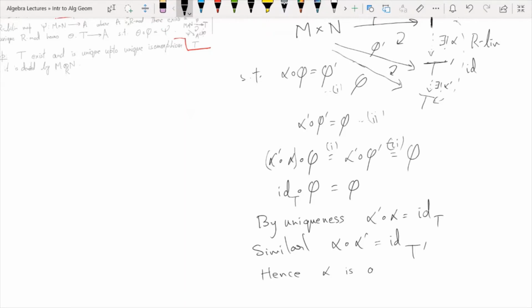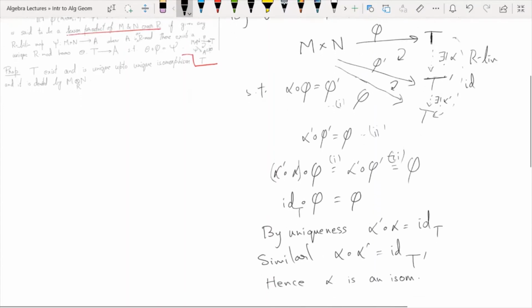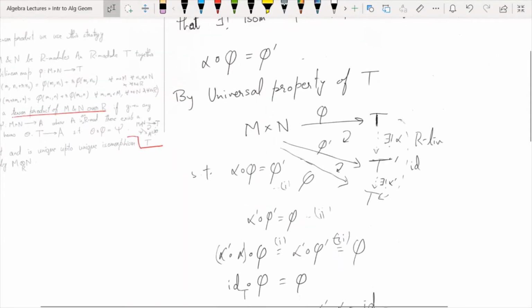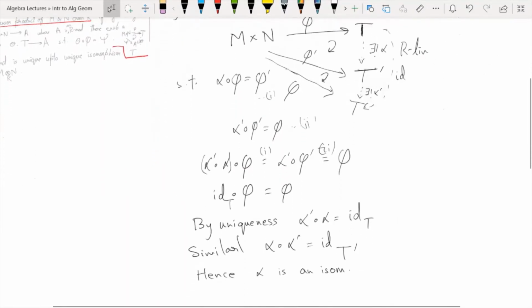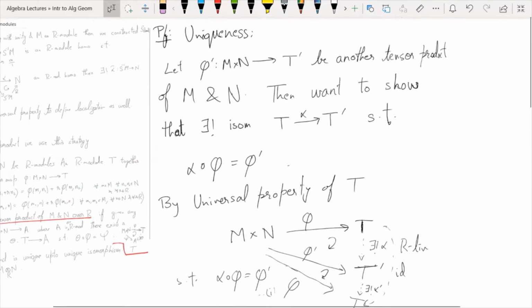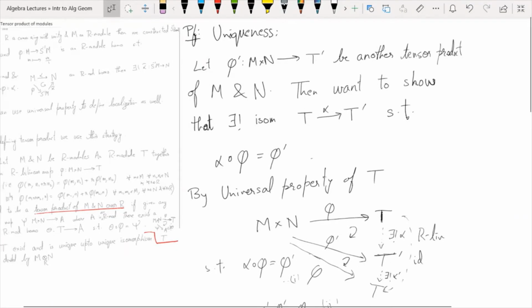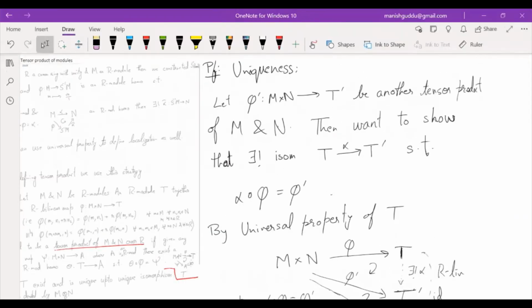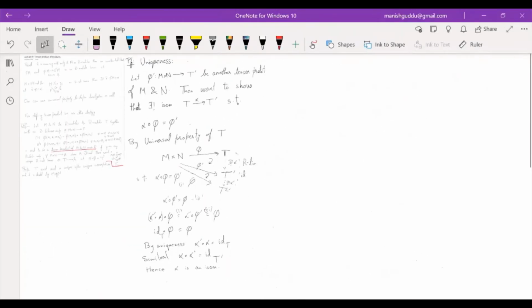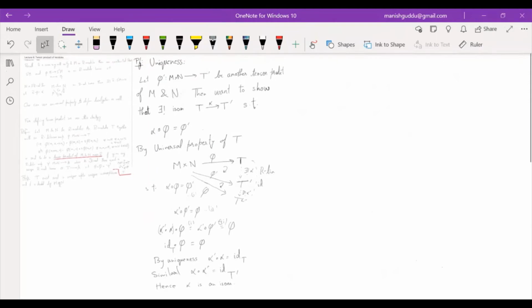Alpha is an isomorphism. And uniqueness is there in the construction and the definition of tensor product itself. Okay, so that proves the uniqueness of tensor product. The next thing we want to do is prove the existence. Uniqueness doesn't require anything other than the definition, more or less. You just apply the definition twice.